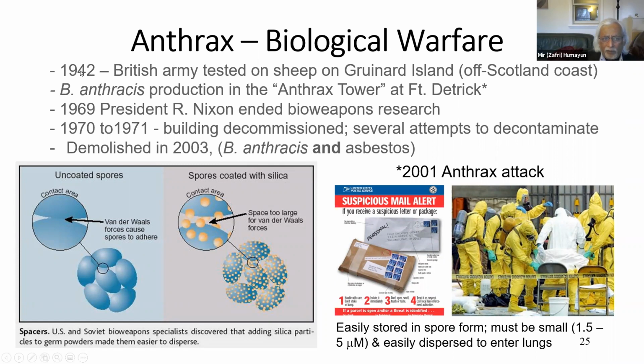They tested it for the first time in 1942, and it was subsequently also developed and tested both in the Soviet Union and the United States. However, in the late 1960s, all research on anthrax weaponization was ended by a presidential order, and the building where the research was conducted was actually demolished subsequently.